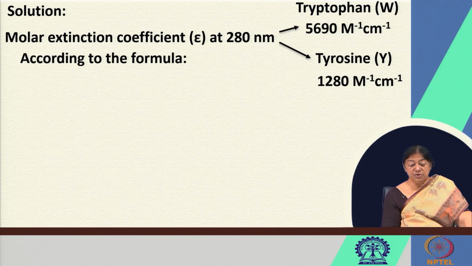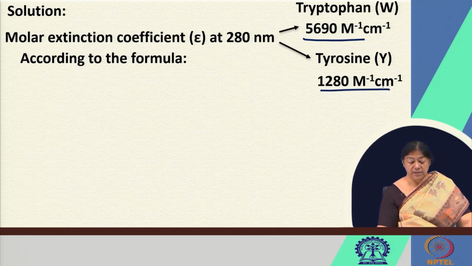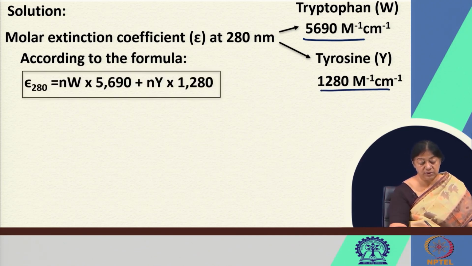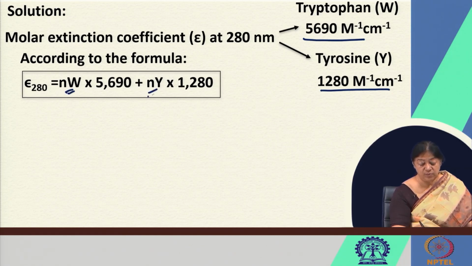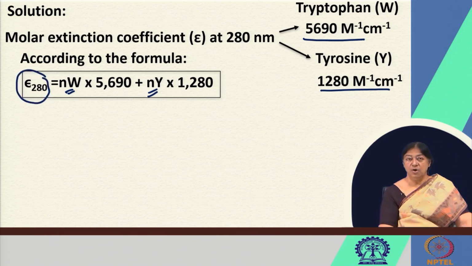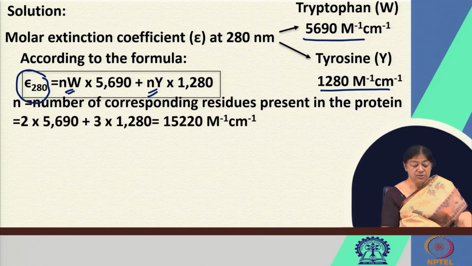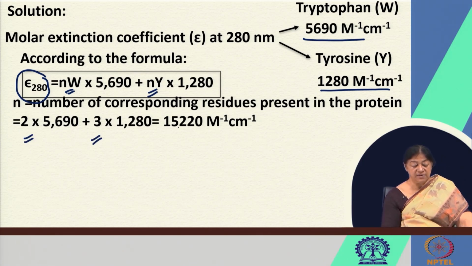The molar extinction coefficient for tryptophan is this, and for tyrosine is this value. Then, according to the formula we looked at previously, with the values of NW and NY, we can find the extinction coefficient for this particular peptide. The number of residues is 2 tryptophan and 3 tyrosine, and there is our value.